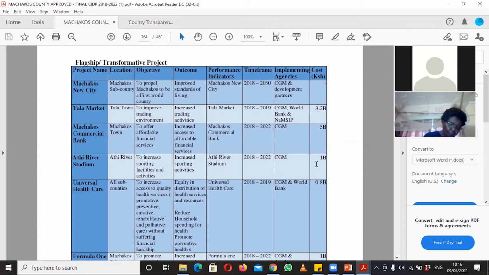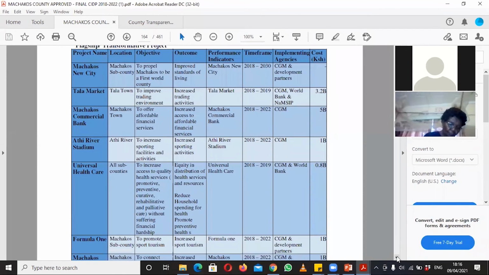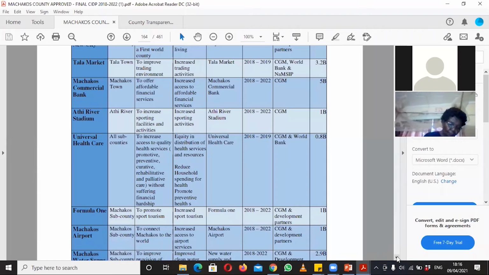At least we saw that they had started to buy some things in Athi River, but we'll wait and see whether it has been done. I will follow up with the one for Athi River, go on the ground and see what the progress is with regard to the construction. Tala, I don't know who's going to take up Tala, but we need to know whether that Tala market is complete.